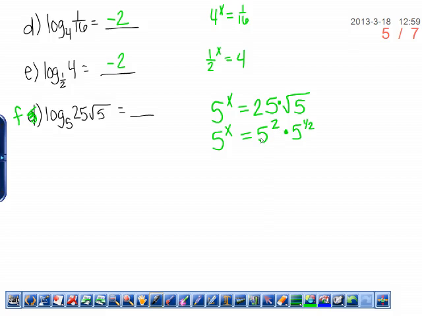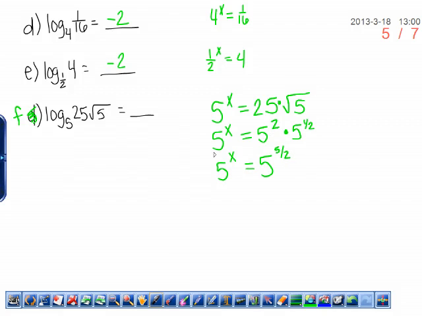On the right now, I've got the same bases. So what can I do with my exponents? I can't set them equal to each other quite yet, but how do I simplify the right-hand side? Yeah, you add them. Your bases are being multiplied, so you add the exponents. So what is 2 plus 1/2? 2 and 1/2, or we could say 5/2.